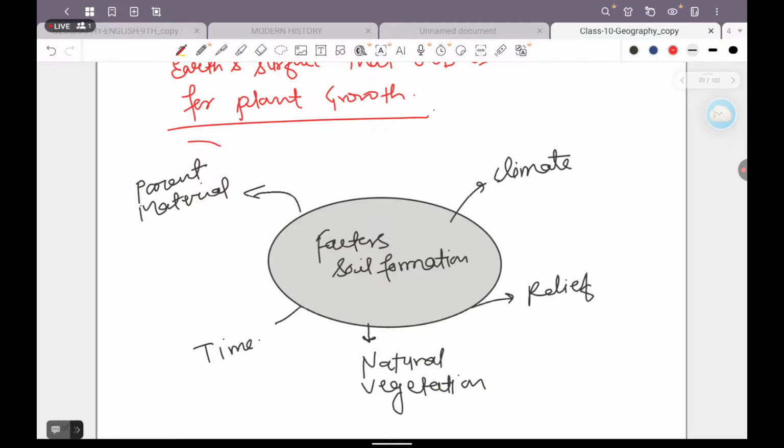The parent material means the rocks are the main material for the formation of the soil.